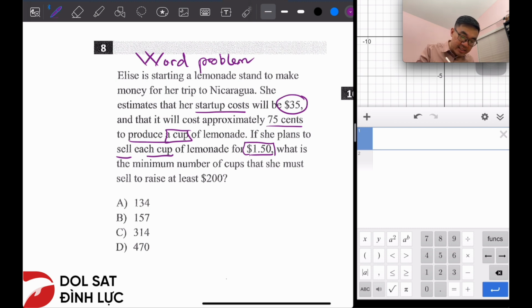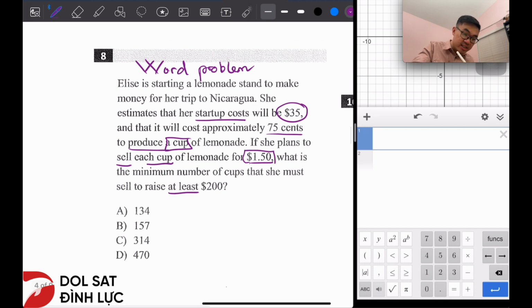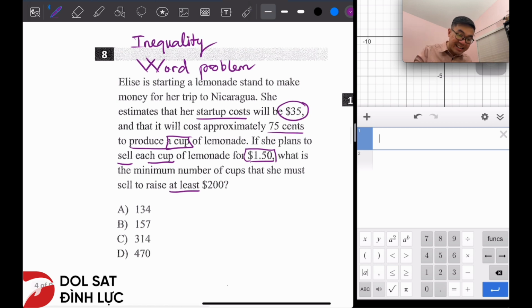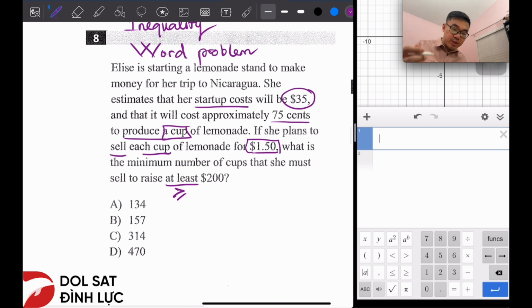Based on the words "at least," I know that this question is an inequality word problem, and "at least" means greater than or equal to. In order to find the number of cups, let's call the number of cups x for now. It is an unknown that we need to find.